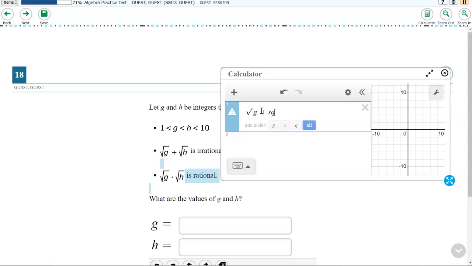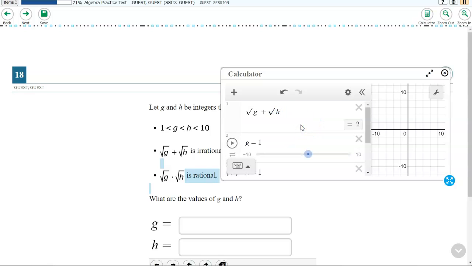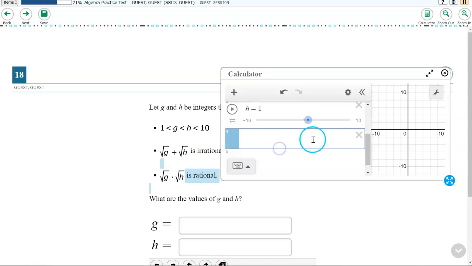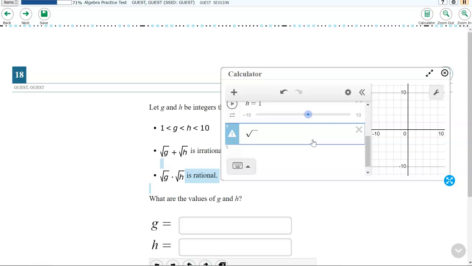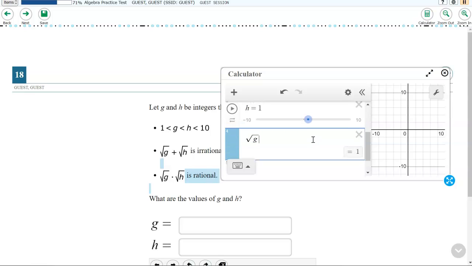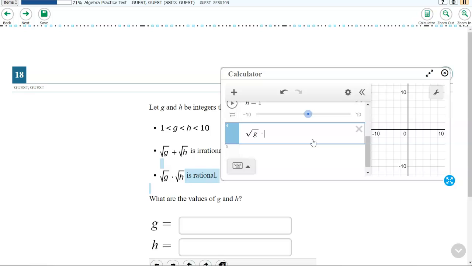And then type SQRT, and we'll type H. And then you can add the sliders. And then I'm going to come down here and type the other one, SQRT G, and then out from under the radical, Shift 8 is multiply, and then SQRT H.